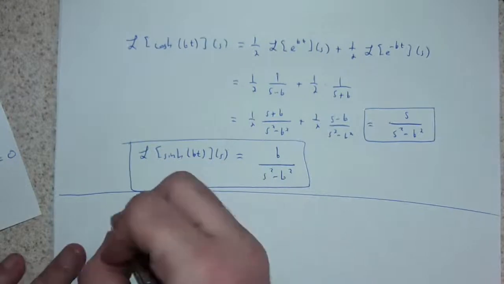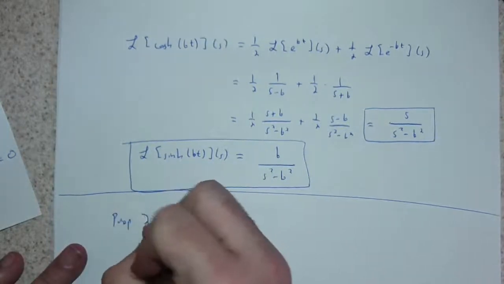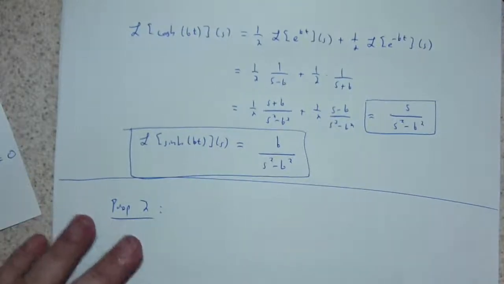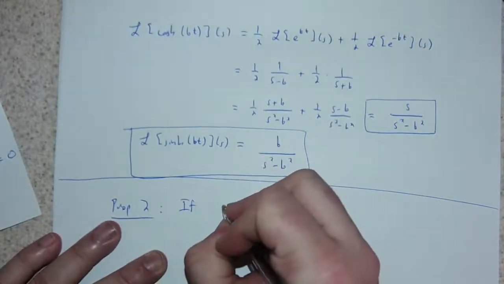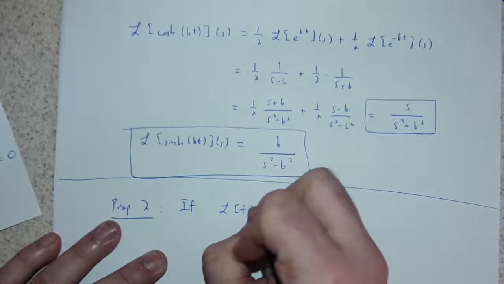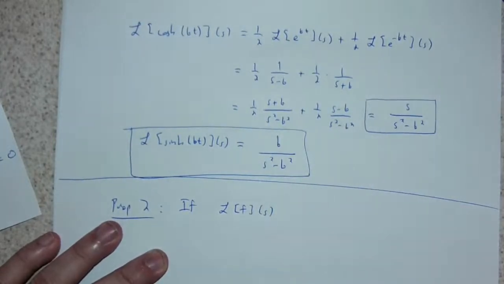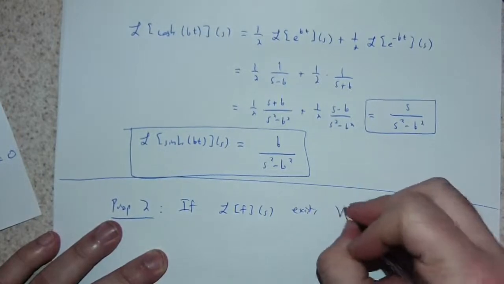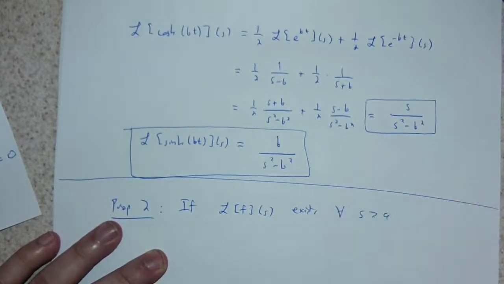The next property, we'll call it prop 2 of Laplace transforms, is if, let's say we have the Laplace transform of f of s, and this thing exists for all, we'll say, s greater than a.